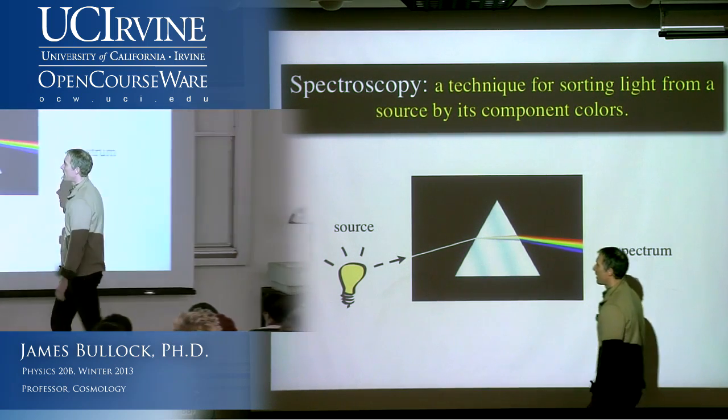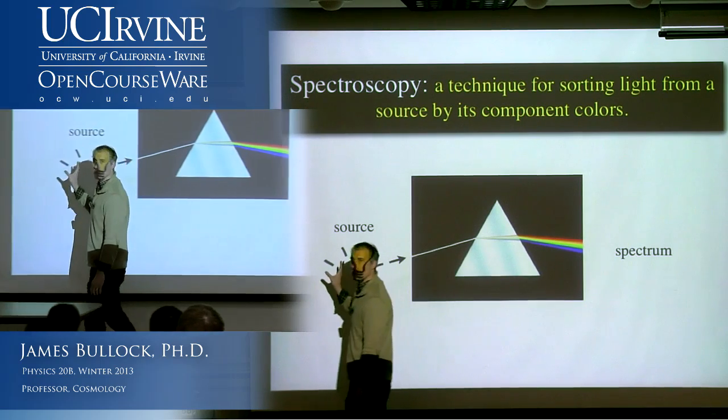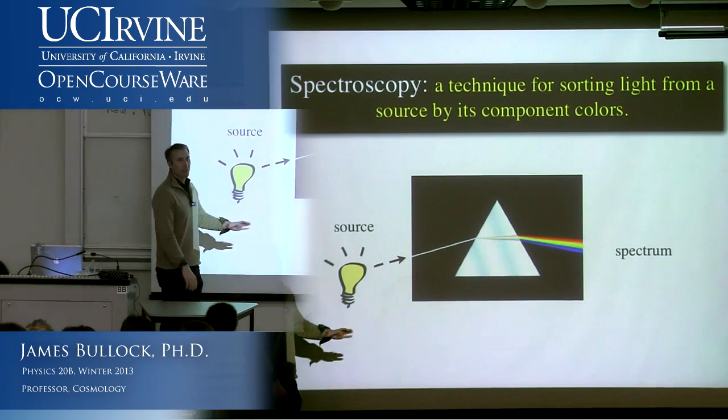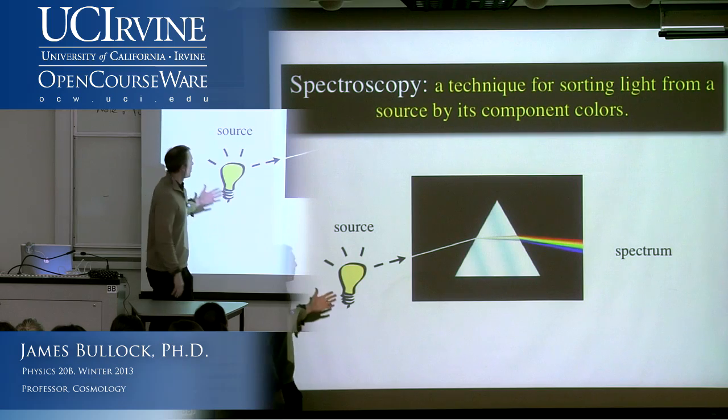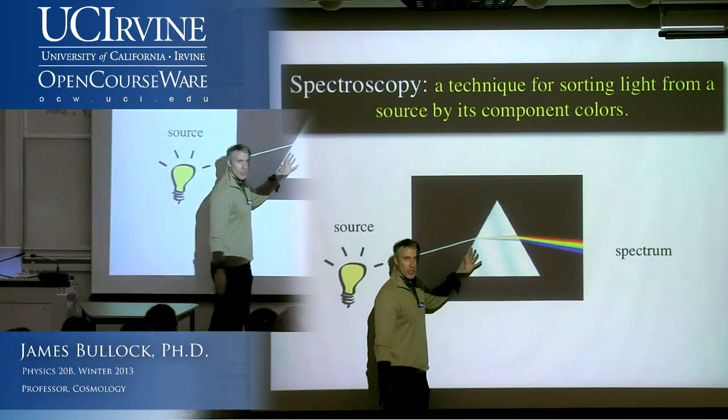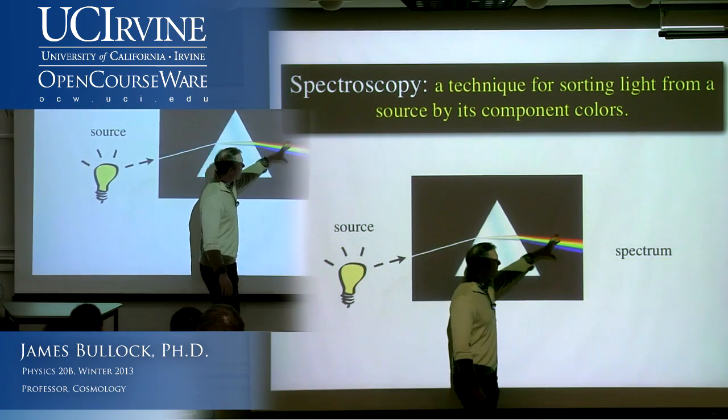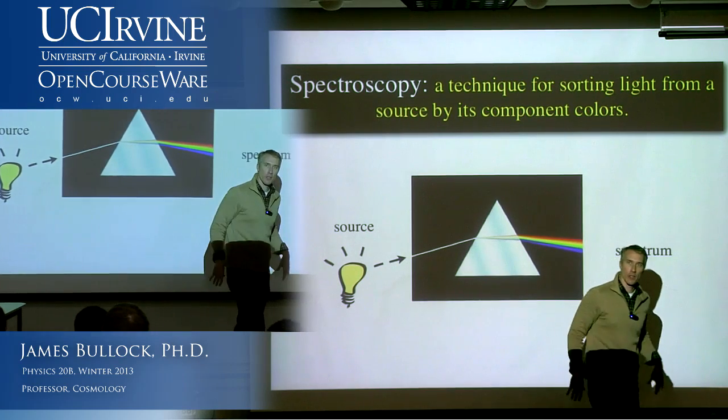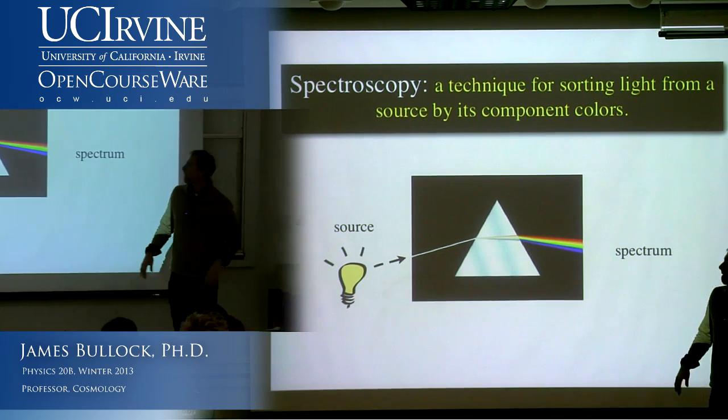So, if you have a light bulb that's glowing in some way, you can imagine in the simplest scenario, you take that light bulb, you shine it through a prism, and that spreads the light out into all of its component colors. We talked about this before.